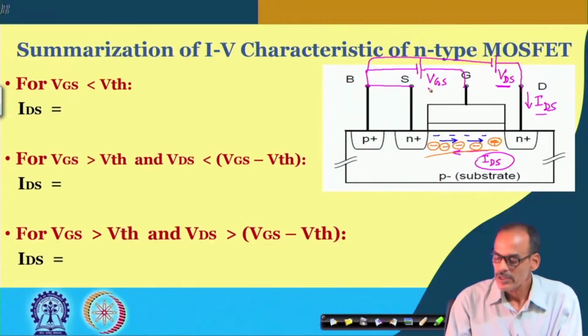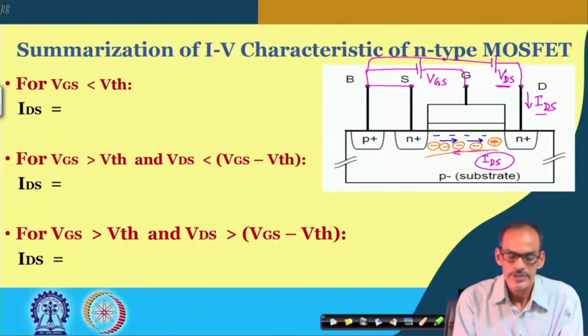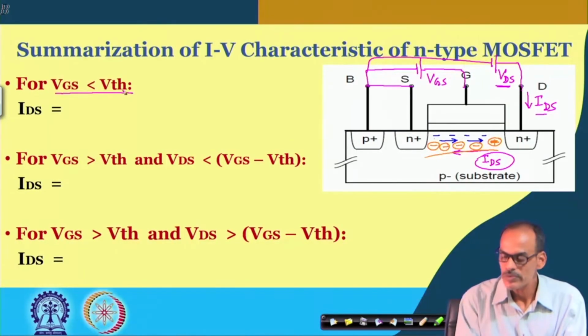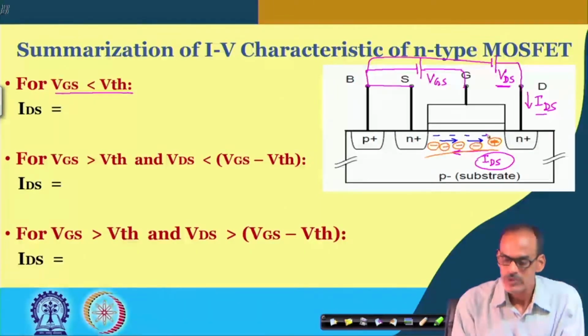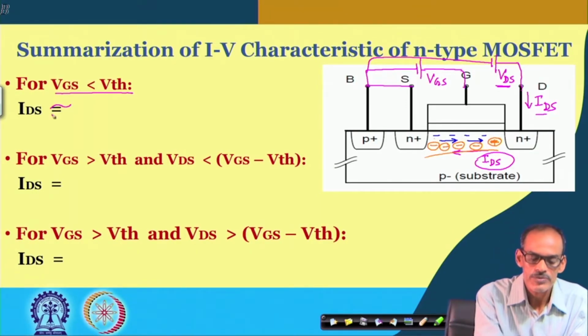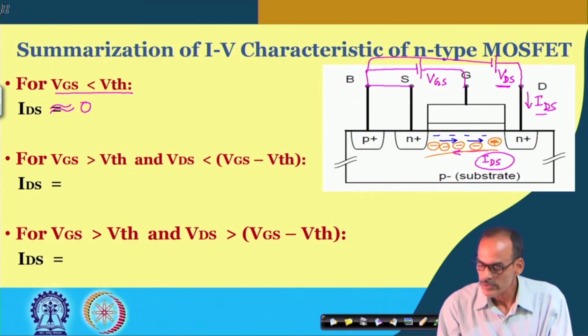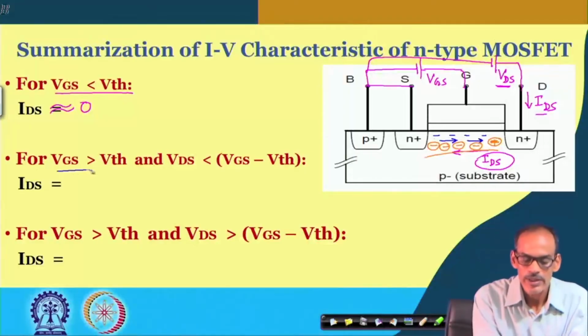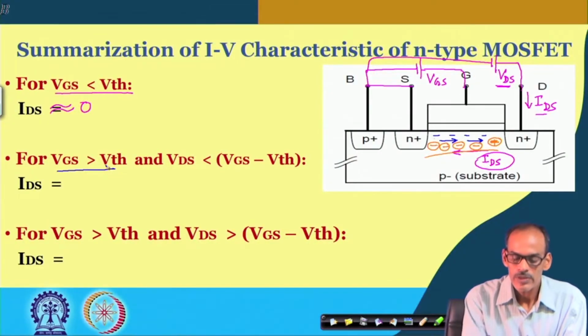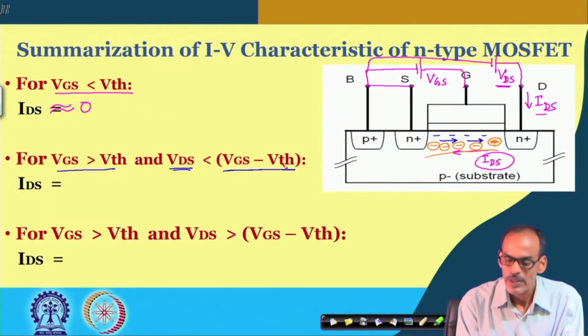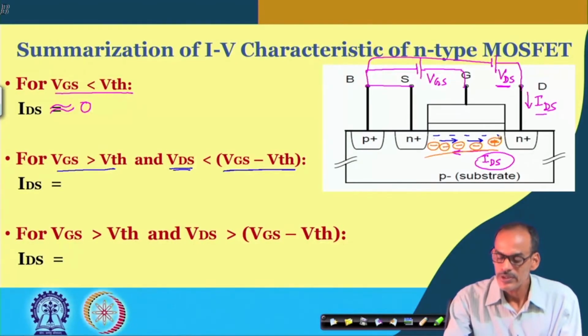First of all, if the VGS is less than VTH, we assume that the channel is very weak, and instead of saying equal, we may say IDS is approximately equal to 0. On the other hand, when the VGS is higher than VTH and we apply a positive VDS that is less than this critical voltage, VGS minus VTH, it means that even at the drain side we have the channel.